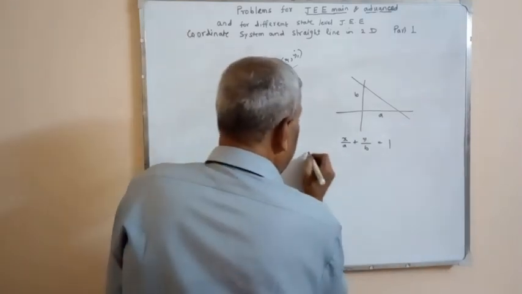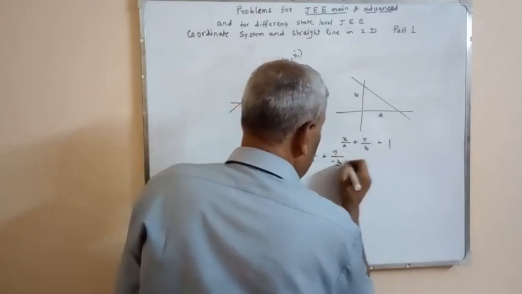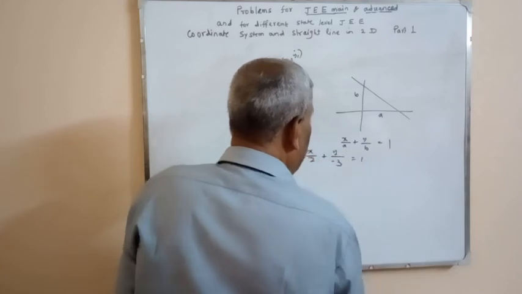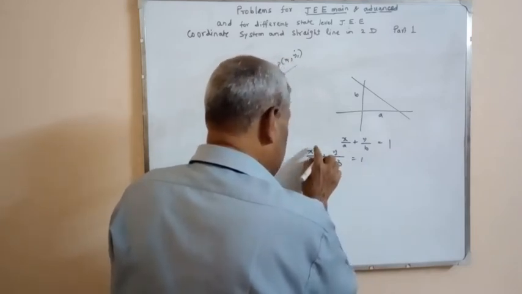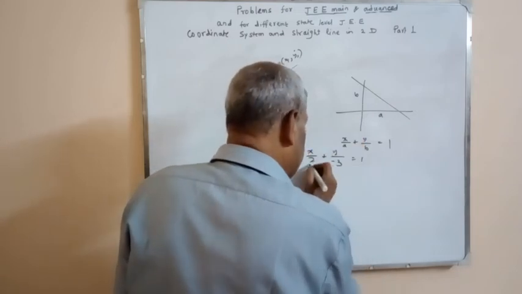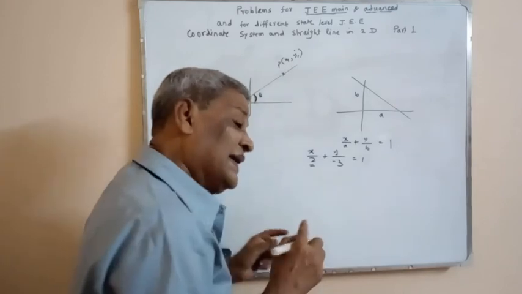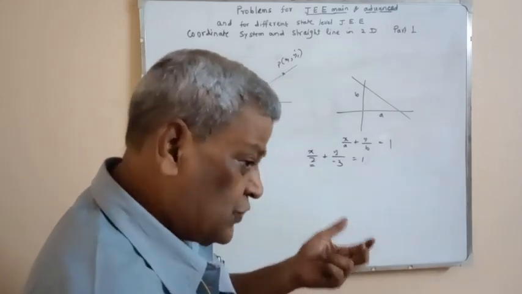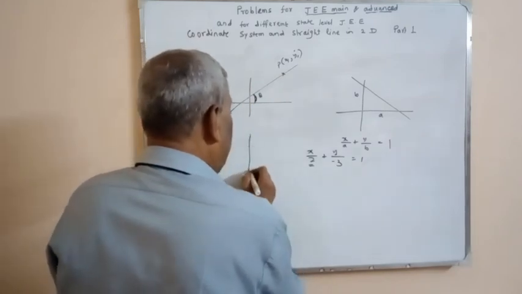Like say x by 2 plus y by minus 3 is equal to 1. It means it meets the x-axis at a distance 2 and y-axis at a distance minus 3, minus 3 means on negative y-axis, like that.